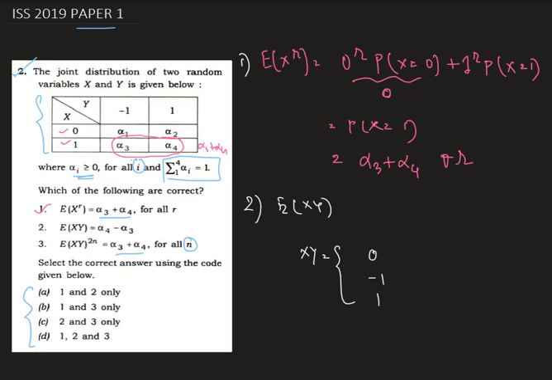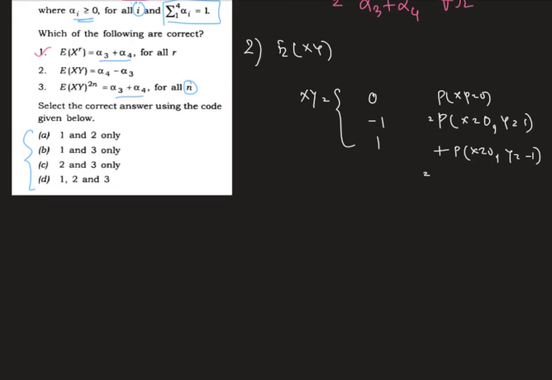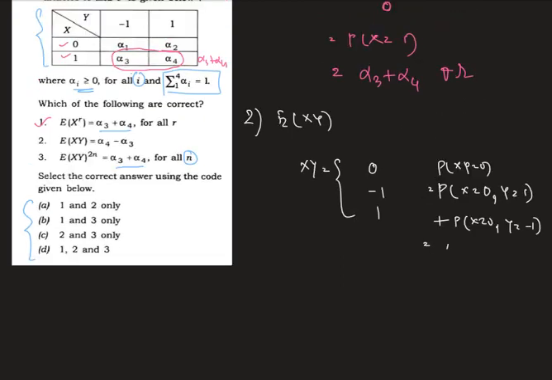Now the probability that xy is equal to 0 is nothing but probability x equals 0 and y equals 1, or probability x equals 0 and y equals minus 1. Now probability x0 y minus 1 is alpha 1 and probability x0 y1 is alpha 2. Therefore probability xy equals 0 is alpha 1 plus alpha 2.